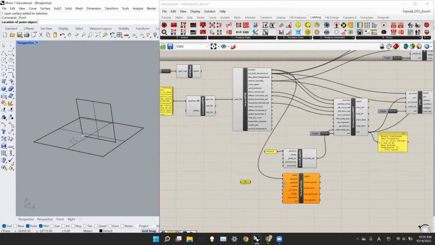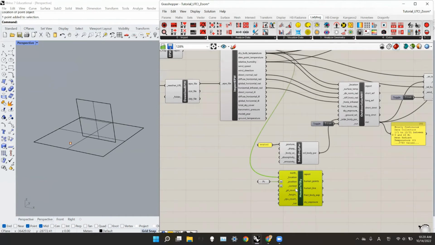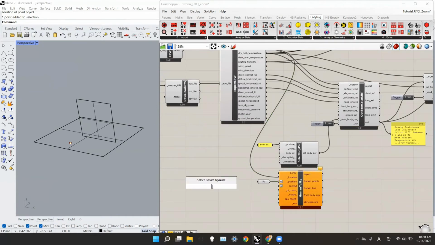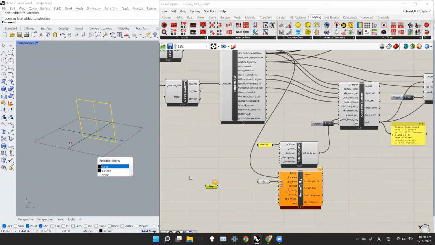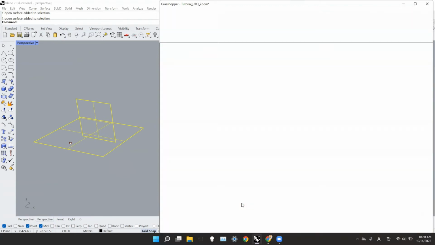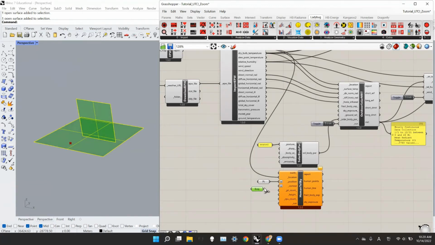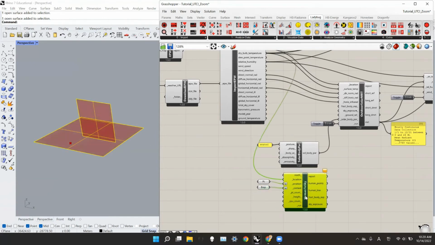So make a point somewhere here, and then put input for that, and then put the position for the person. And in the context, I will make a B-rep, and then this one, not the curve. Bring the multiple B-rep into its context. So, and then run.